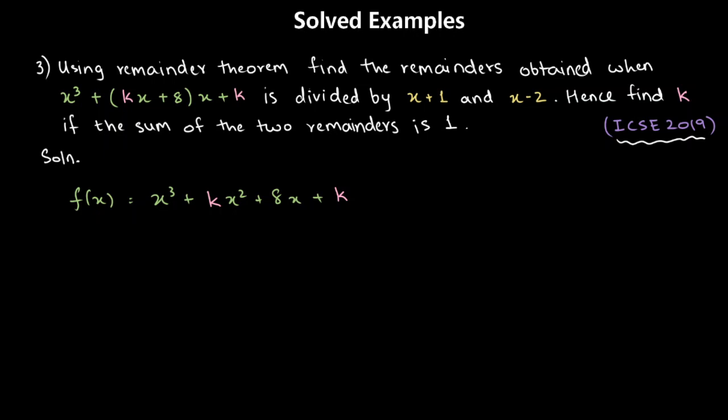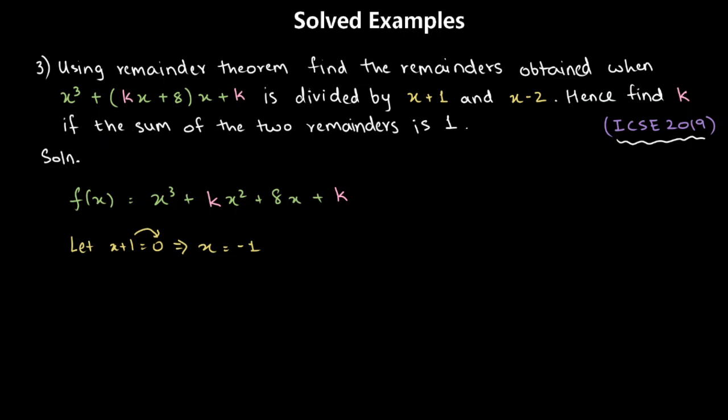Remember, we are dealing with the remainder theorem, so we start by saying let x plus 1 equal to 0. From here I can say that the value of x is basically minus 1, right? Take the term from one side to the other. It's as straightforward as that.